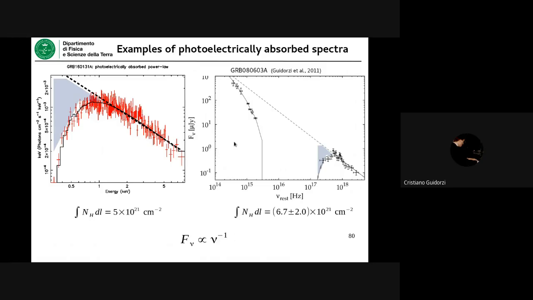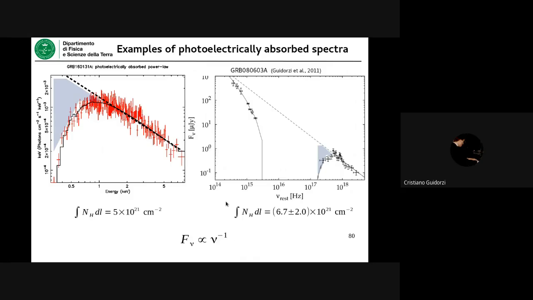Another comment is that if you look at the papers in the literature, typically you will see that the column density, which is essentially the integral of the number density along the line of sight, is sometimes just denoted by NH. So instead of the integral of n_H dl, just NH. It's a shorter way to express the very same quantity, so do not be confused by that.